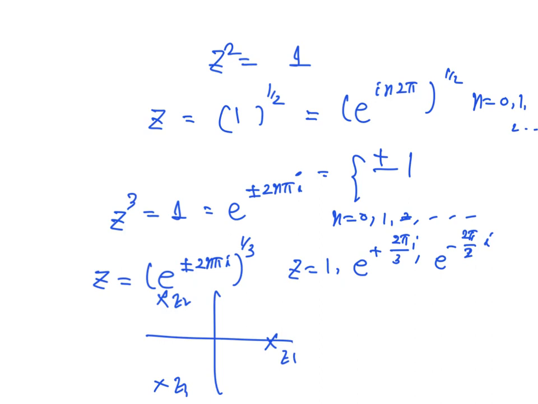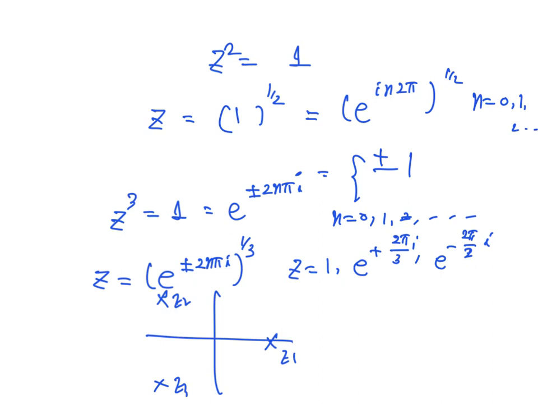Another function is the logarithm. Yes? How can you have a function that's multivalued? Because you can always multiply by 1. But 1 can be represented by Euler's formula, 2 pi i, minus 2 pi i, etc.